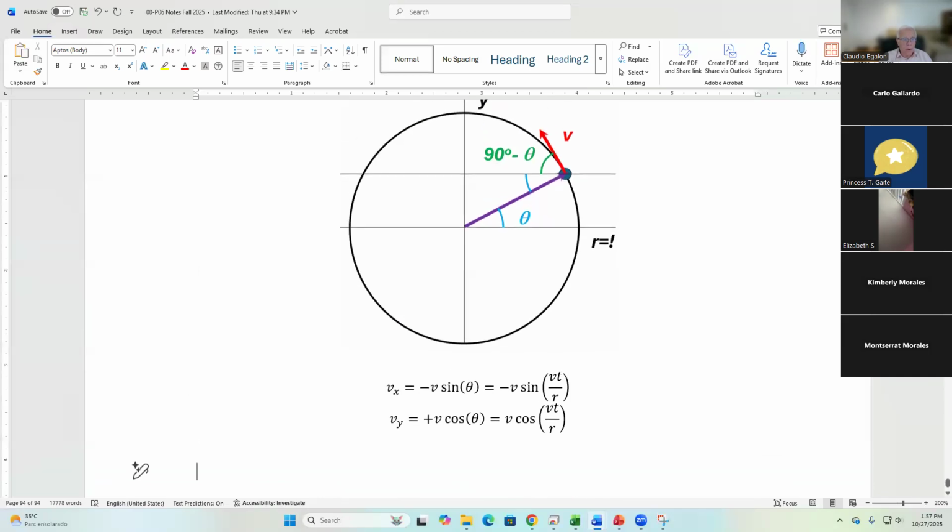The way we do it, I need to do one more step here. Definitely this x component is to the left, so we must have the negative sign. This v here is going to be a magnitude. It's going to be the speed. And it's not a sine of theta, but it is a cosine, not yet. It's a cosine of 90 minus theta.